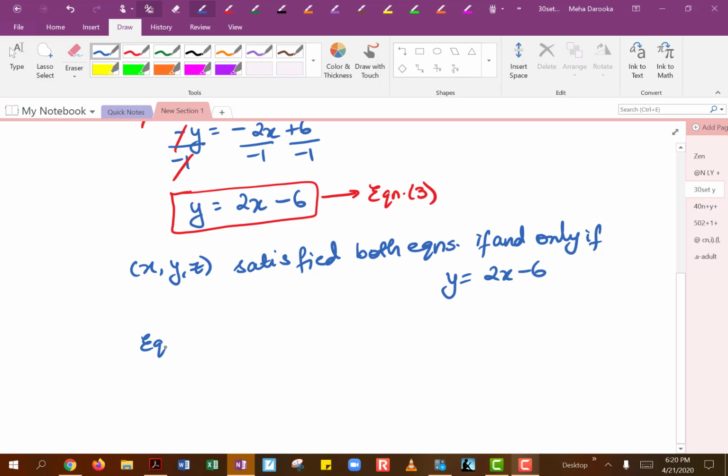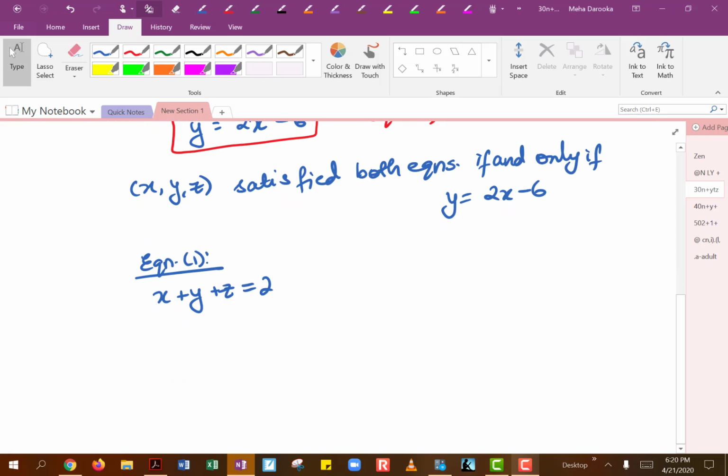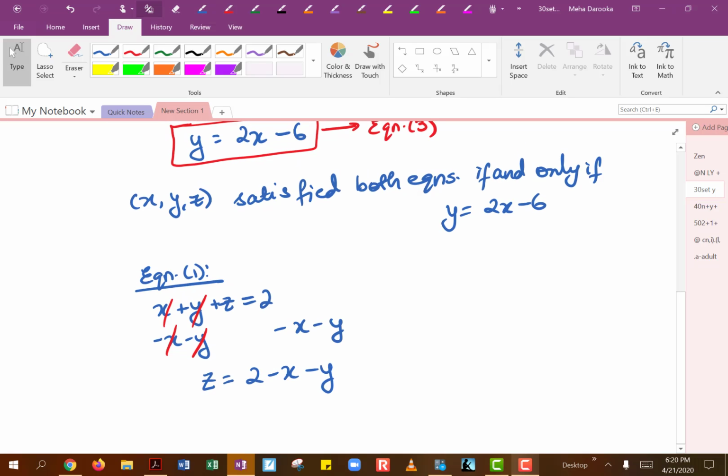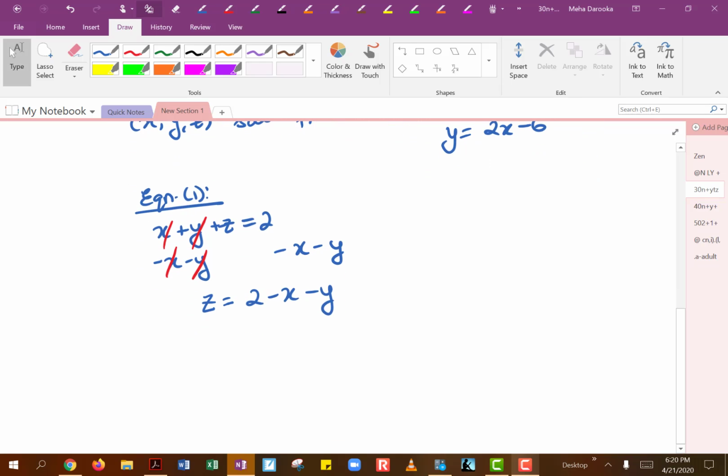So let's go back to equation 1 over here, and that is x plus y plus z equals 2. What I'm going to do is move both my x and my y terms over to the right-hand side, and I will end up getting z equals 2 minus x minus y. And then here I'm going to use substitution.